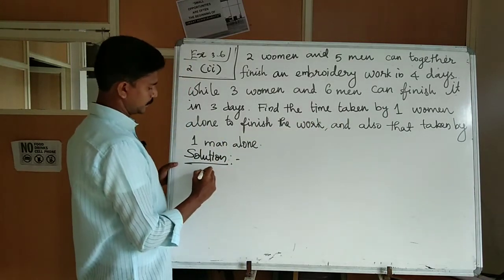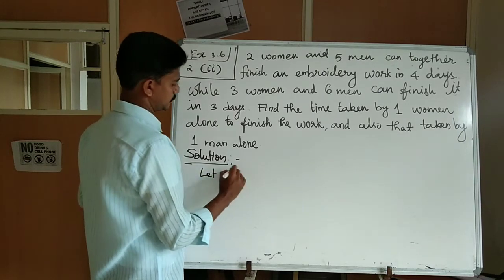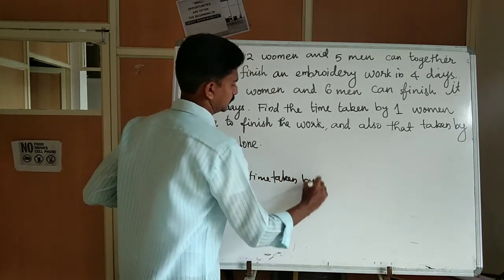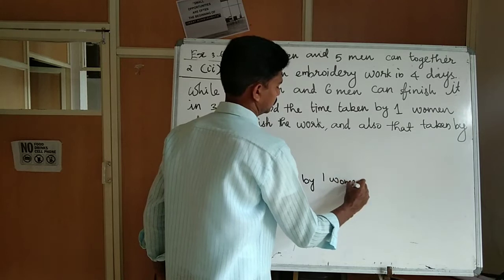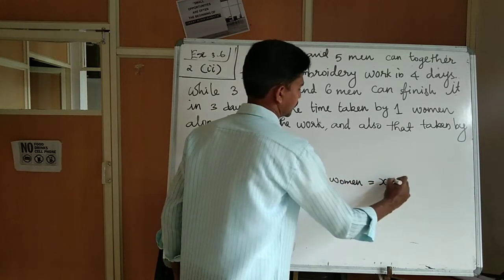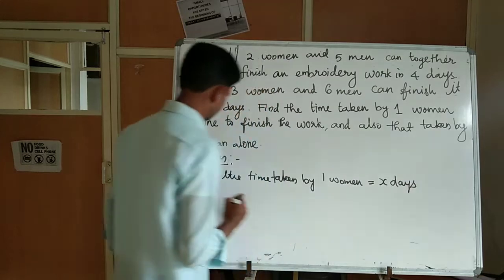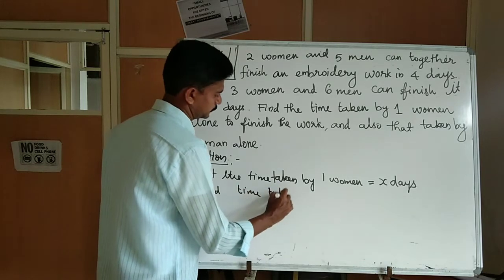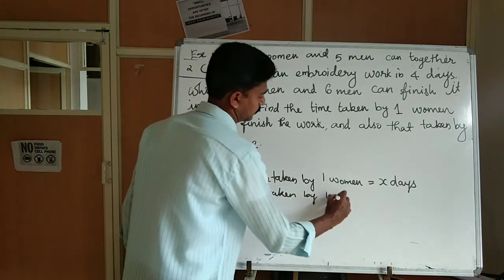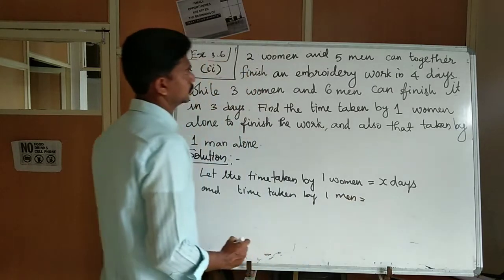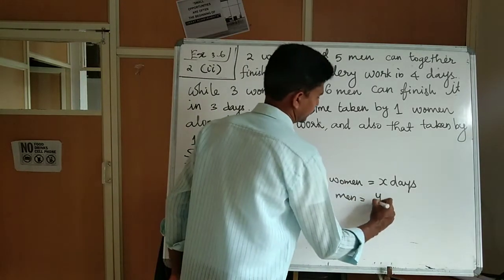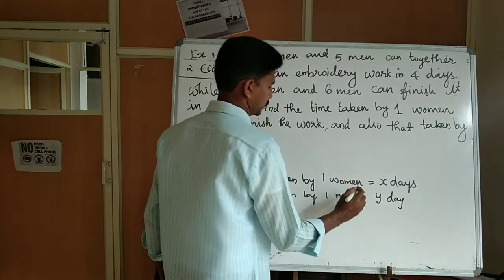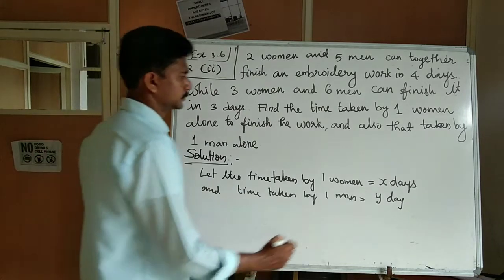So we can write that, let the time taken by one woman be equal to x days, and the time taken by one man be equal to y days.